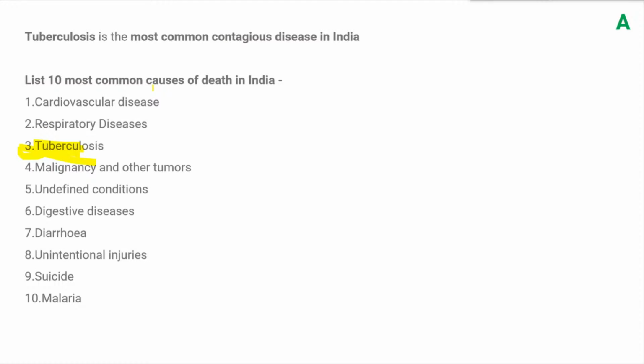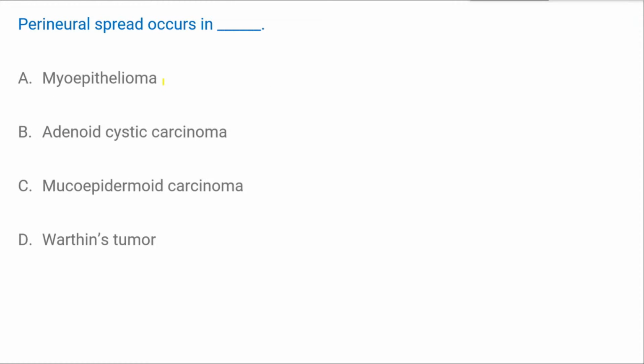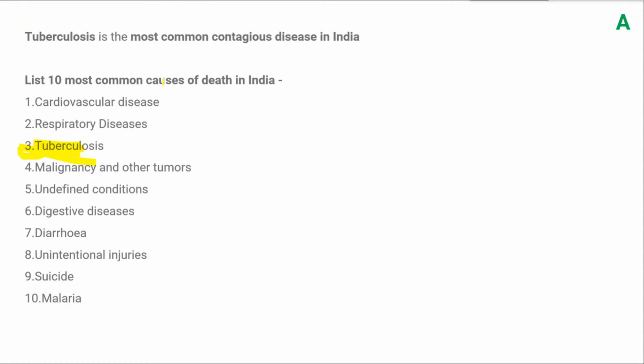So tuberculosis is still considered to be the most common disease in India. Malaria comes a little later, so it's not malaria. Malaria is also one of the top 10 morbid conditions in India, but malaria ranks lower than TB. When it comes to TB and malaria, it's TB.